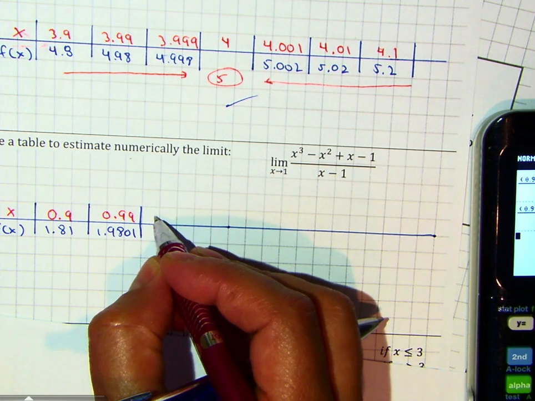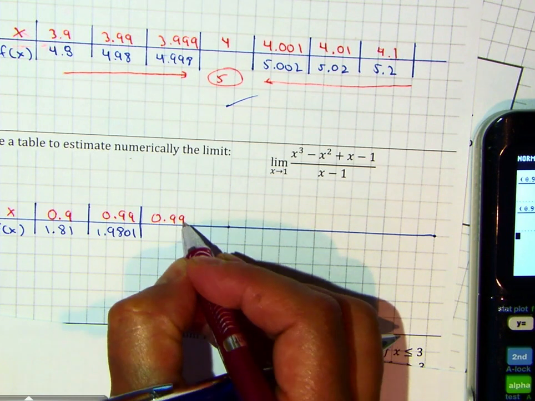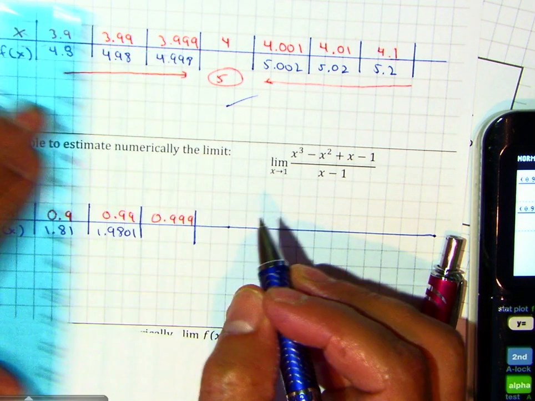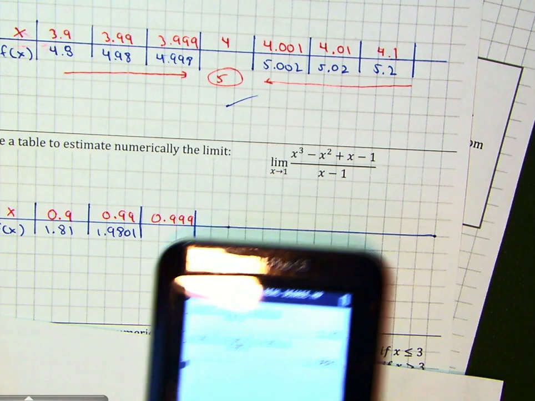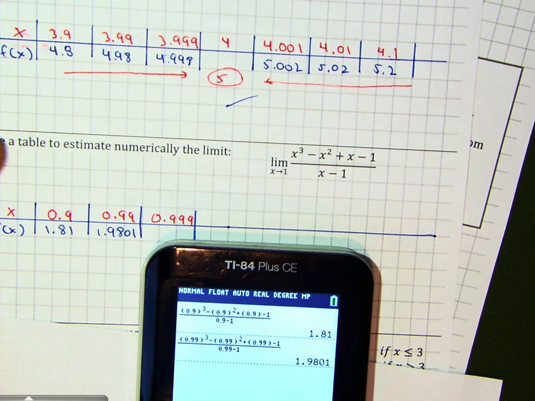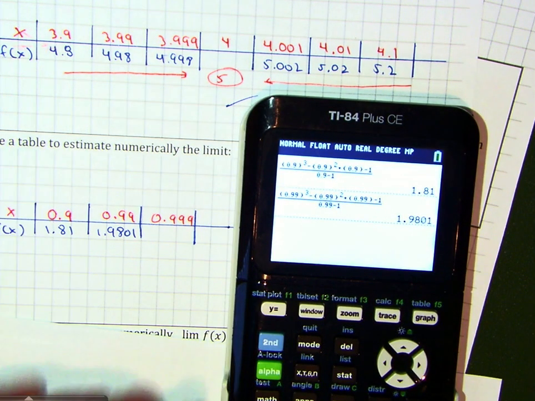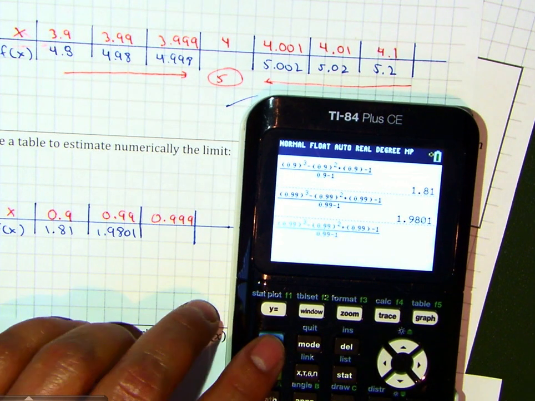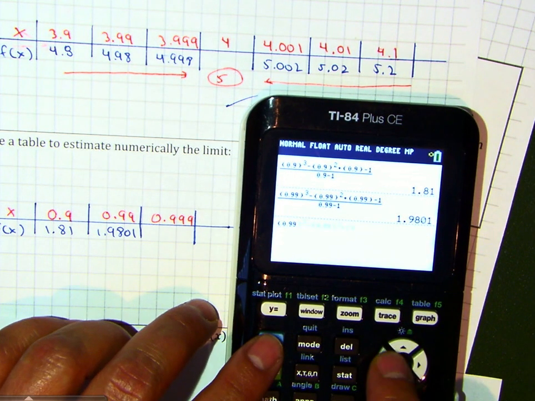I want to get closer to 1. So I'm going to use 0.999. And there's other ways that you can actually evaluate on the graphing calculator, but for now I'm just going to use the old-fashioned method of inserting or replacing the numbers.